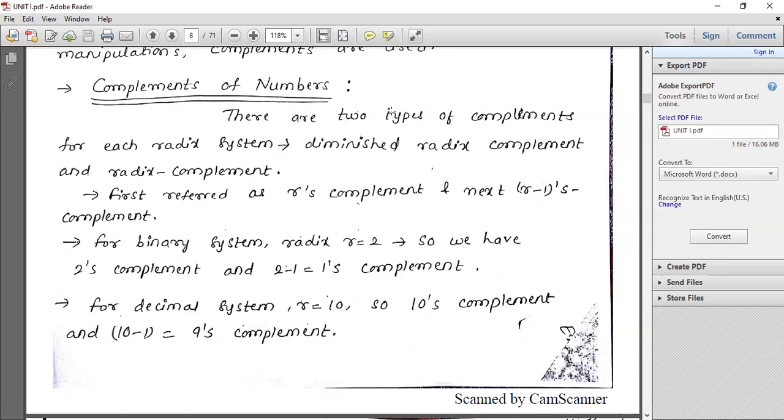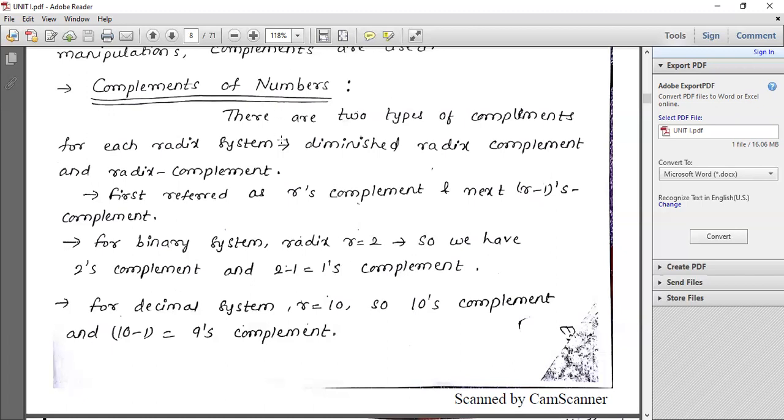For our digital electronics, as we have already discussed, out of many number systems, 4 particular number systems are involved: binary, octal, decimal, and hexadecimal. So here the radix is fixed to 2, 8, 10, and 16.